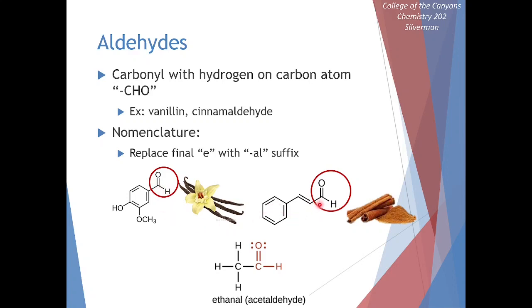Here's another example, C double bond O, that's the carbonyl. Since there is a hydrogen next door, this is also an aldehyde. Or if you want to see the Lewis structure, here's a simple aldehyde, C double bond O. One of these is a hydrogen, one of them is a carbon chain.